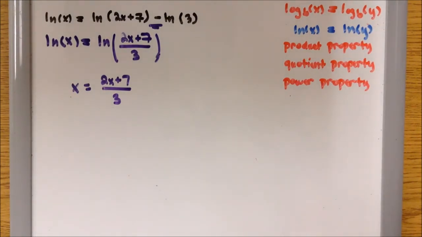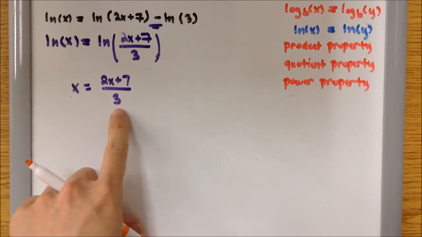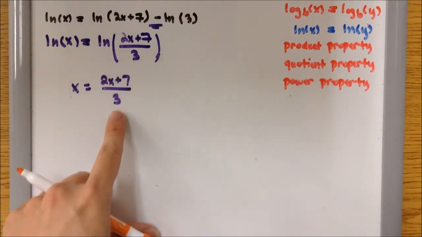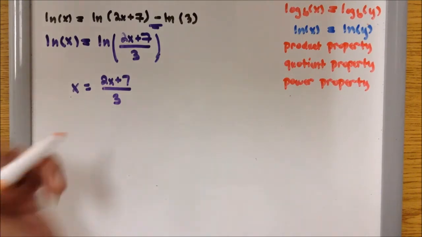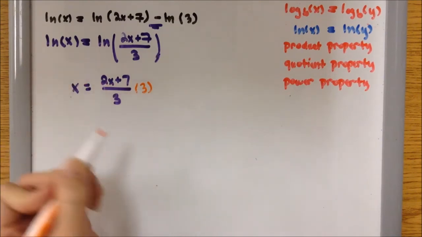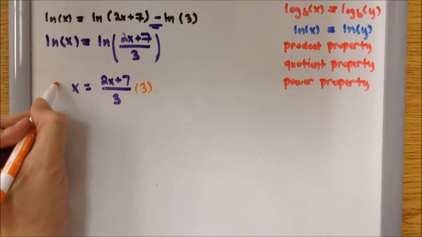So looking at this, we have a fraction. If I want to get rid of the denominator where it's not a fraction anymore, I'm going to multiply this side by 3. And if I do it on the right side, I got to do it on the left side.